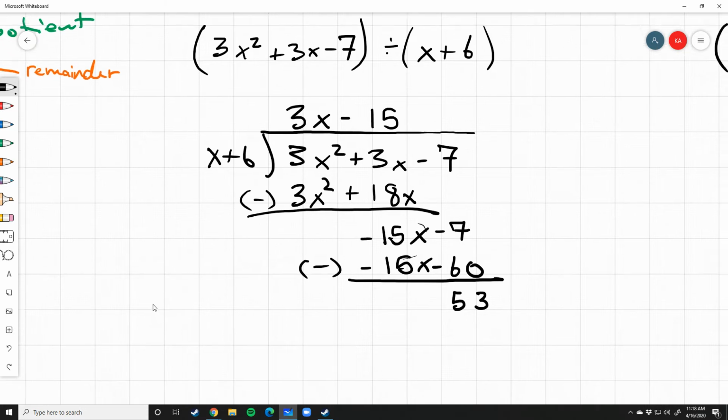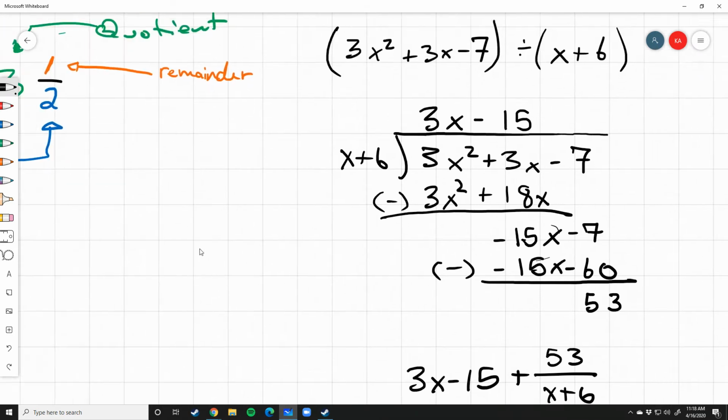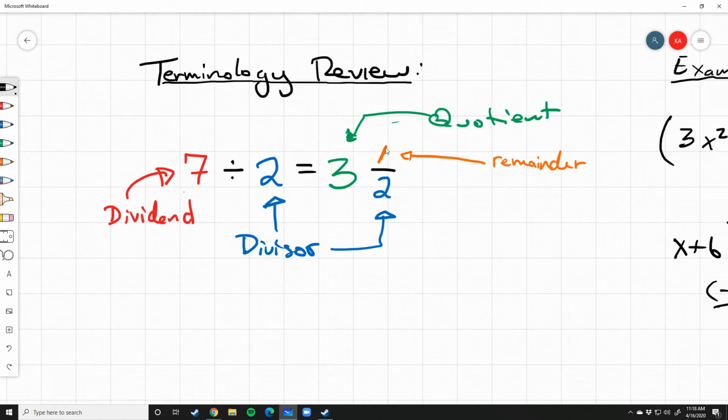And I would write my final answer as 3x minus 15, my quotient, plus my remainder, 53, divided by my divisor, x plus 6. And so I just want to remind you all again that this 53 over x plus 6, it's really just like the 1/2 over here.